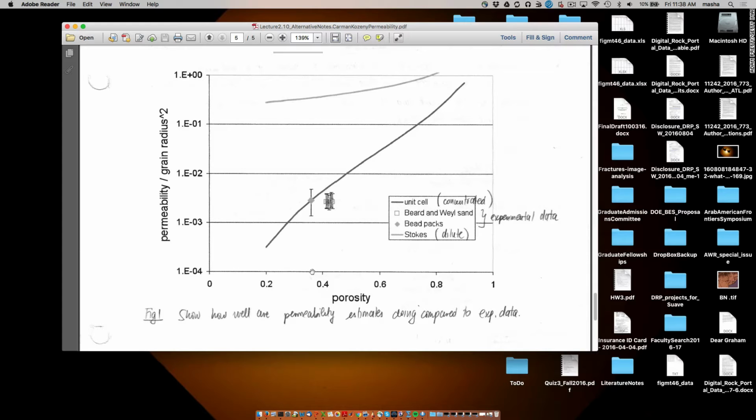Okay, so for randomized packings, basically in this region, we're also going to look at dilute. So I'm going to write that formula down as well. If you assume very dilute spheres, then you don't necessarily need the whole unit cell approach. You can just use Stokes' formula.